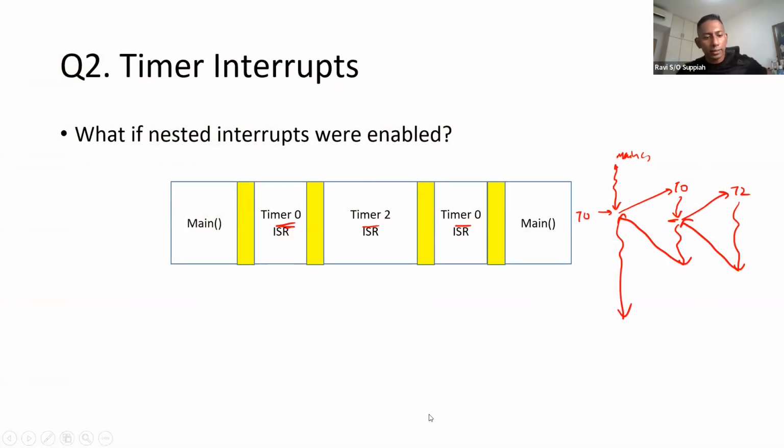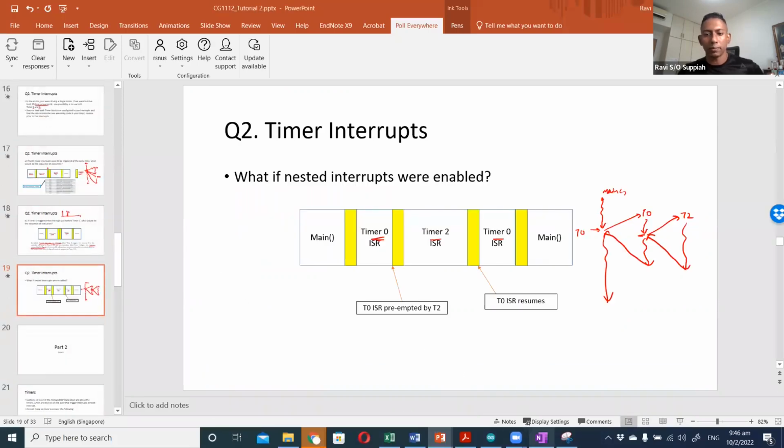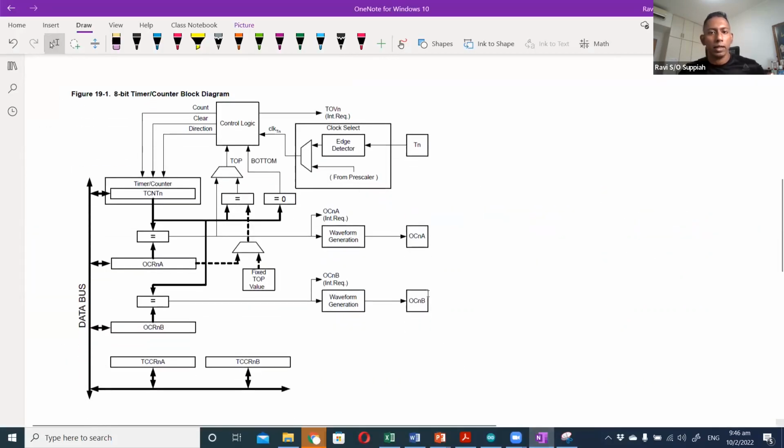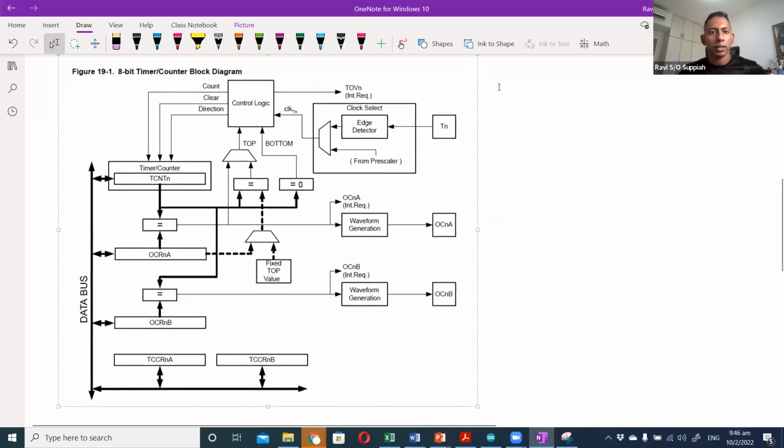To answer this, we need to go back to the important concept. I think this is a common misconception: what is the impact of the interrupt on the output pin.